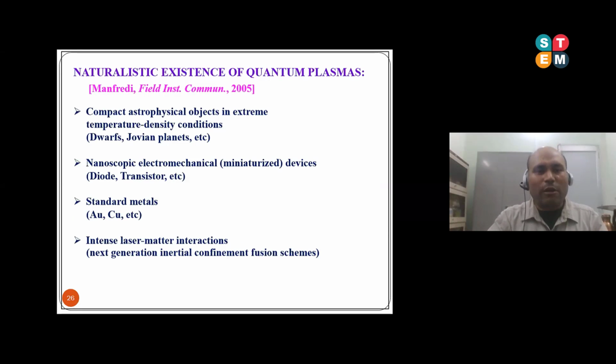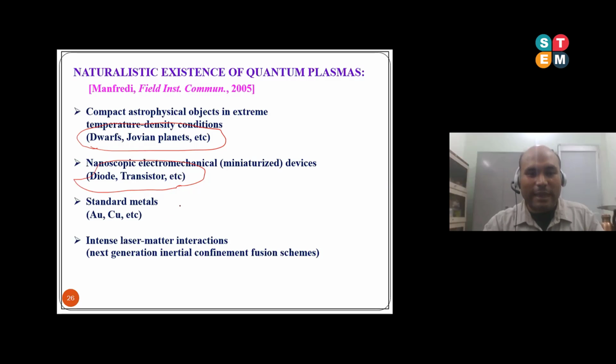And compact astrophysical objects, everybody knows, exist under extreme conditions. Quantum plasma astrophysically exists in various objects like white dwarfs, Jovian planets, etc. Even in the laboratory, in devices, this quantum plasma exists, and in standard materials as well. And intense laser-plasma interaction is another, for next-generation inertial confinement fusion schemes.